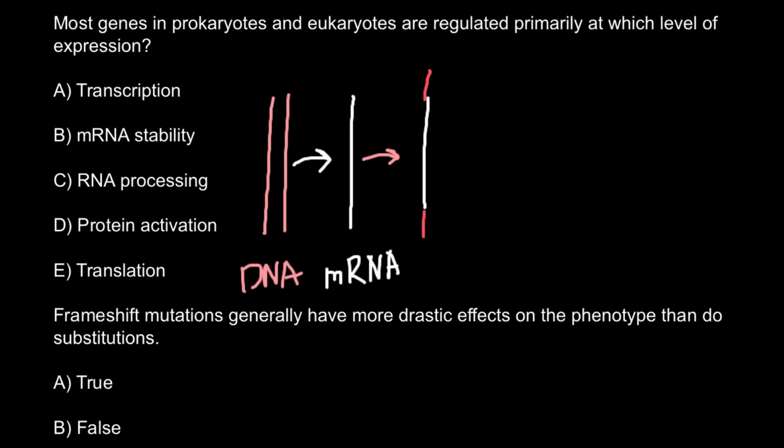So for the stability of the messenger RNA, it would be processed, and of course introns would be deleted. And with the next step, this messenger RNA would be used in the process of translation to make a protein.